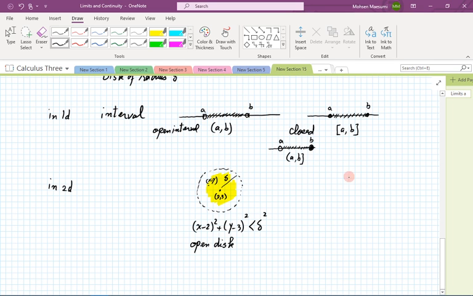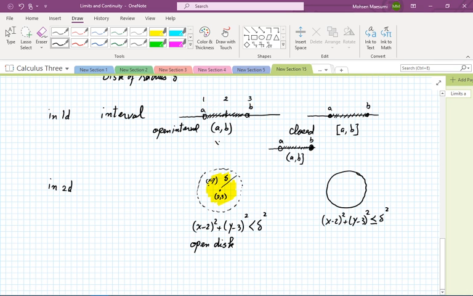Open has a connotation that the boundary has been removed. Of course, you could have a similar picture here with the boundary included, and then in that case you'll have x minus 2 squared plus y minus 3 squared less than or equal to delta squared. Just to give some numbers here, suppose this is 2 in the middle, and this is 1 and 3.